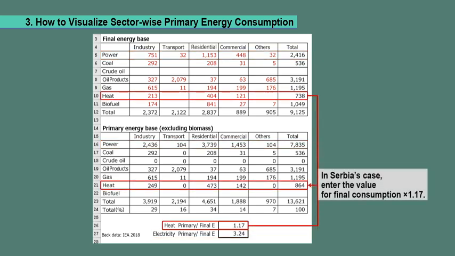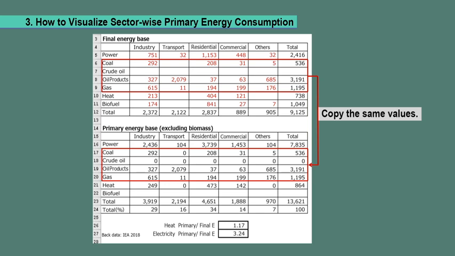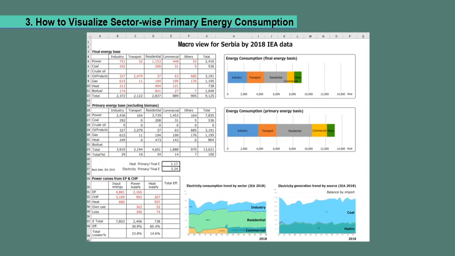For heat consumption, use 1.17 calculated in the bottom part to multiply the final heat energy consumption and enter the value. Lastly, from coal to natural gases, enter the final energy consumption value as is. This process completes the procedure.